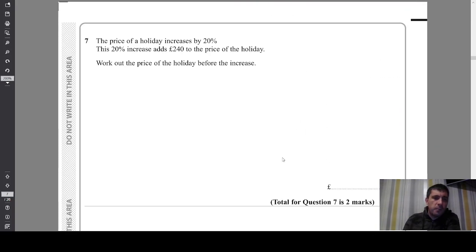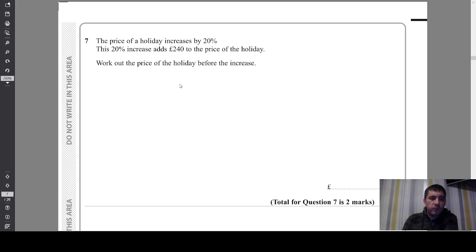So let's check the percentages. The price of a holiday increases by 20%. This 20% increase adds 240 to the price of the holiday. Now in this type of question there are a couple of different methods.